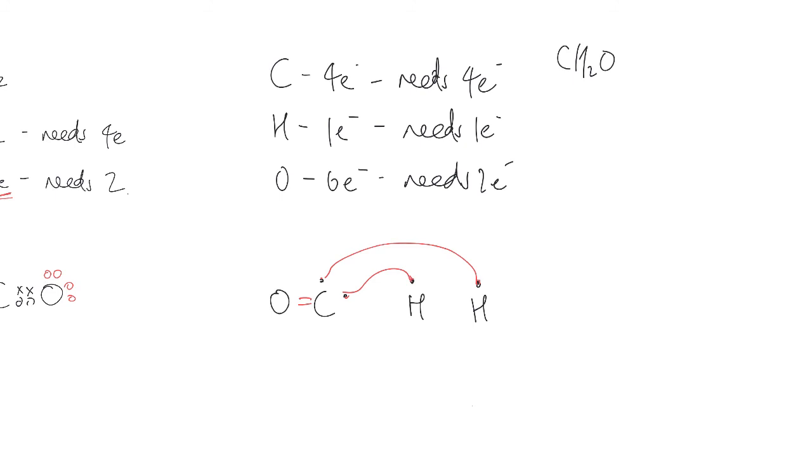I retract these lines here, bring those 2 hydrogens, 1 up and 1 across, with single lines connecting those as well. Okay, then I replace each line with a pair of electrons, so it will look something like this.